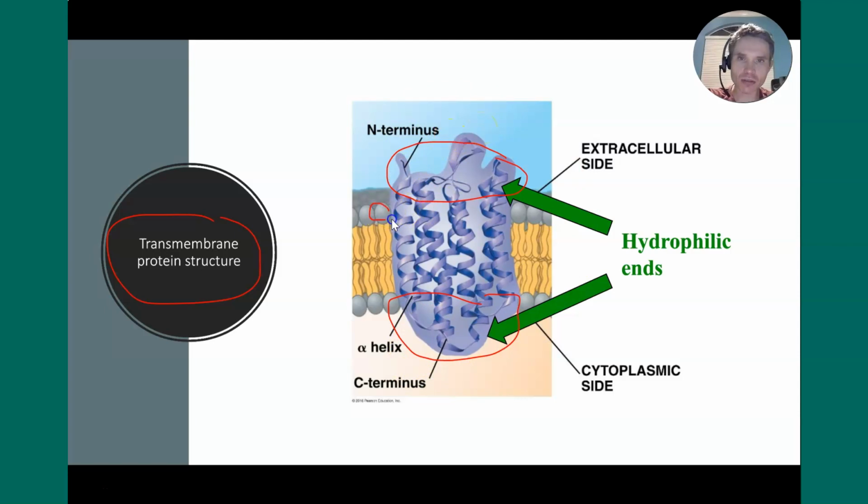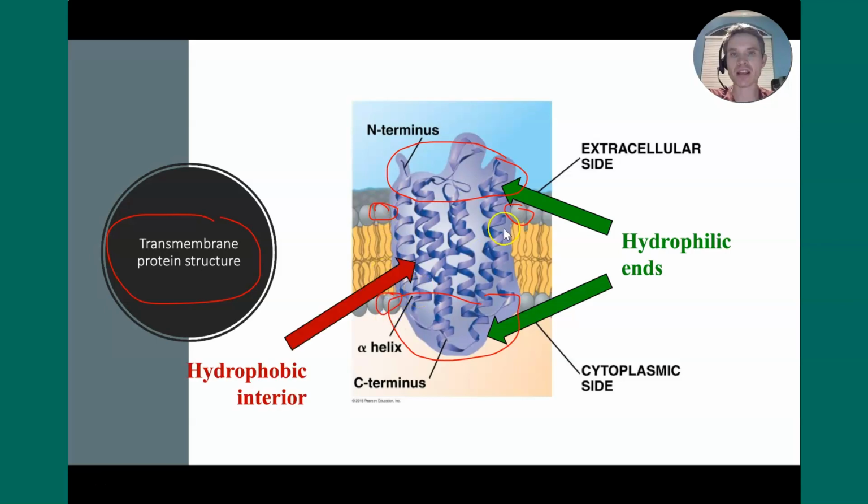In addition, they're going to be interacting with these hydrophilic heads of our phospholipids on both the extracellular surface as well as the intracellular surface. However, in the inside here of our transmembrane protein, this is where our hydrophobic amino acids are going to have an intricate relationship with the hydrophobic tails of our fatty acid chains on our phospholipid molecules.